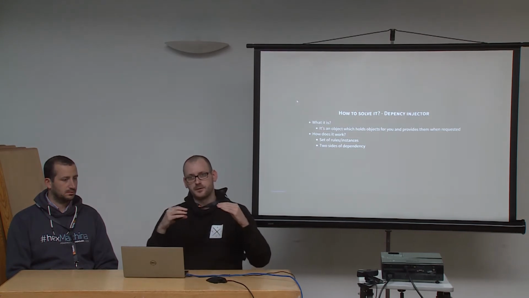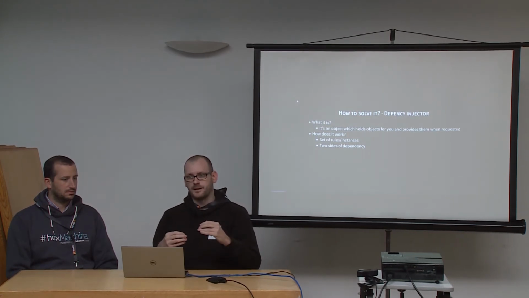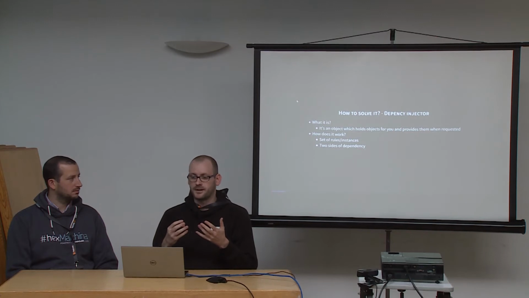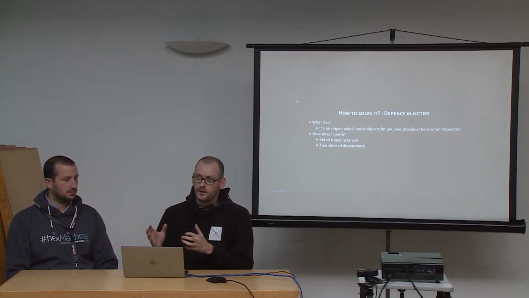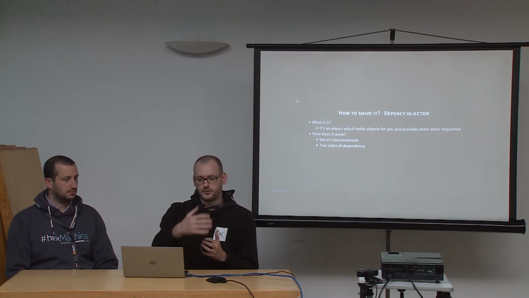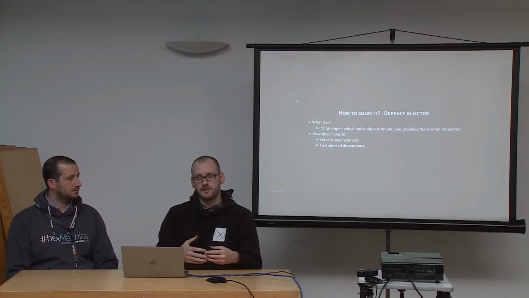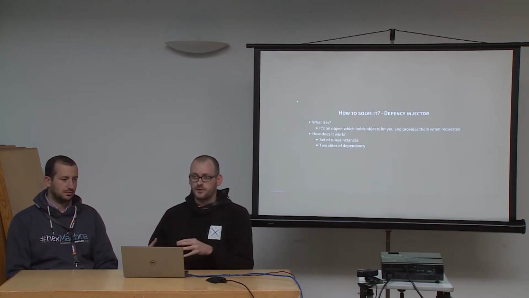So it holds a rule which then provides the given object. There are two sides of each dependency. First, you have to map something. That way you expose it to the injector, and then you request it. We're going to go through both of those sides.